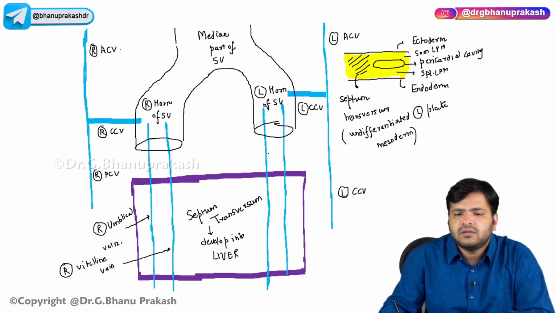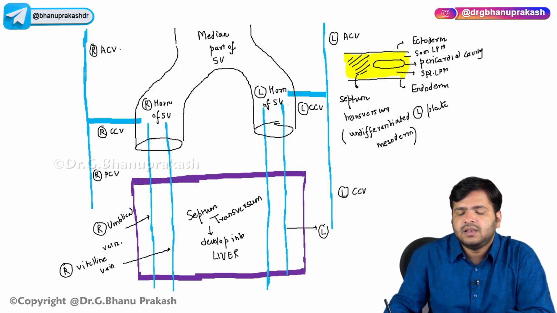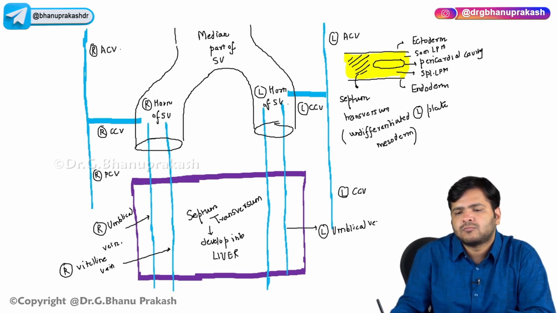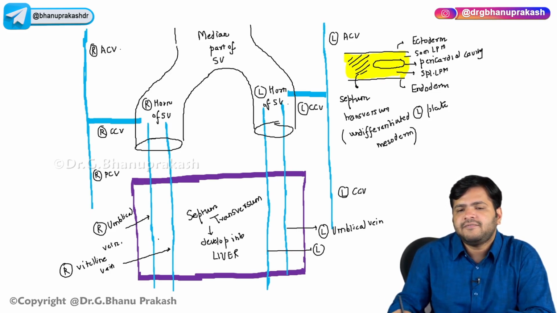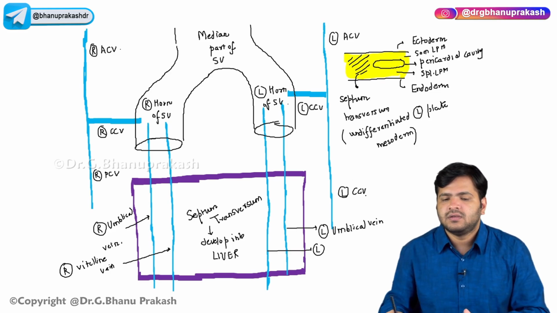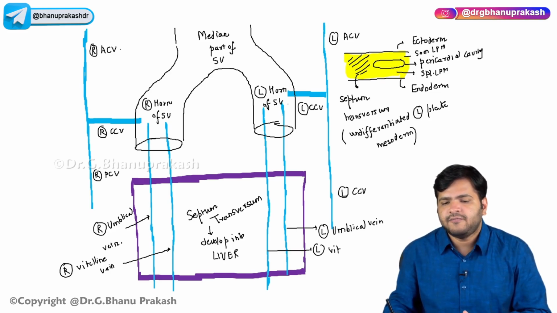Then over here, this is the left umbilical vein, and this is the left vitelline vein.